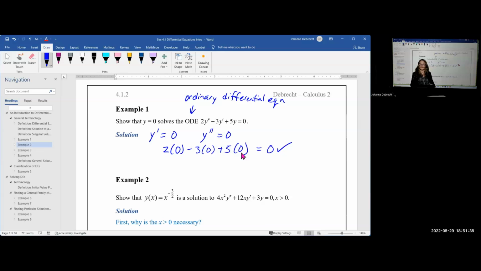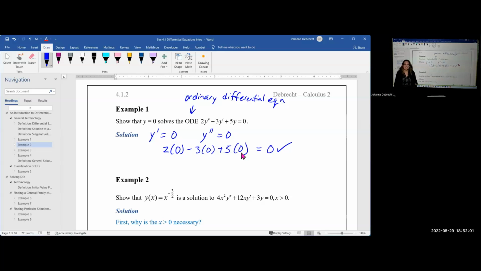And of course, that is a true statement because the left side reduces to 0 and it equals the right side, which is also 0. So the solution y equals 0 does solve this. It's a trivial solution and called a singular solution because it does not depend on the independent variable, which is actually not even mentioned up here.